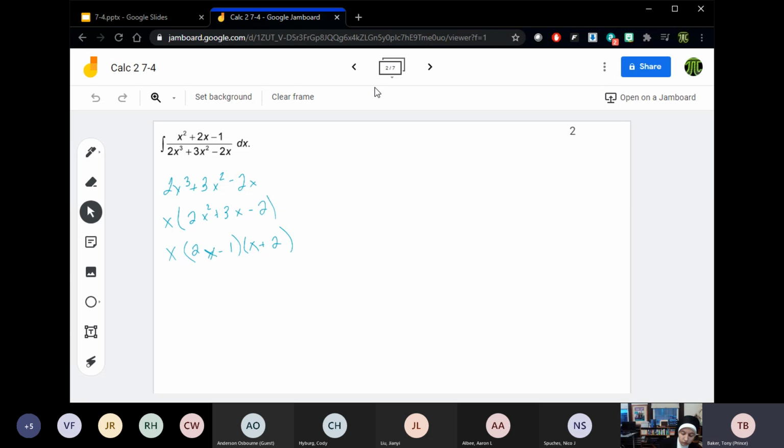So my new integral is going to be something over x, we'll call that A, something over 2x minus 1, and something over x plus 2. We've now got to figure out what the A, B, and C are.